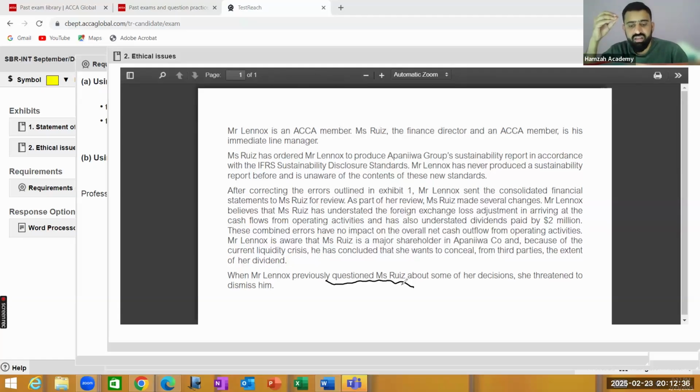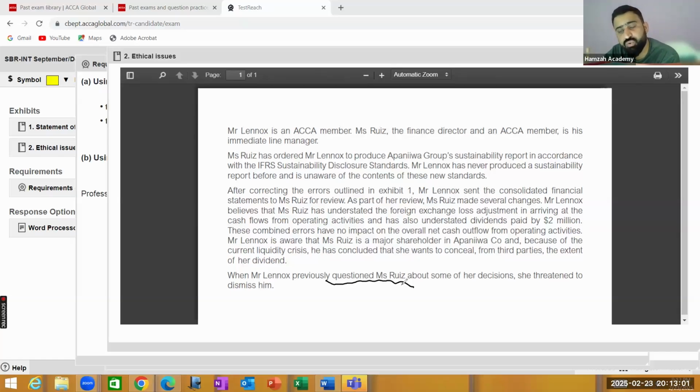Now, in this situation, you can discuss that Ms. Roy is concealing some things in the cash flow statement, like the dividend payment. And the motivation for that is that they are suffering from a liquidity issue. So they do not want to show how much dividend they have paid.